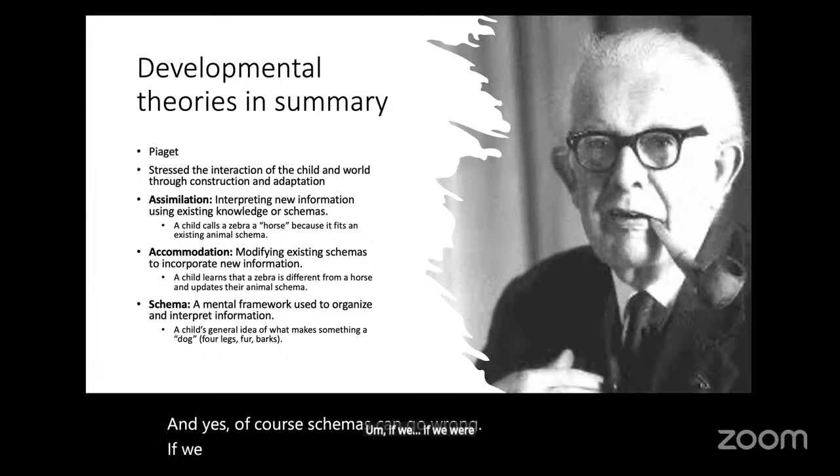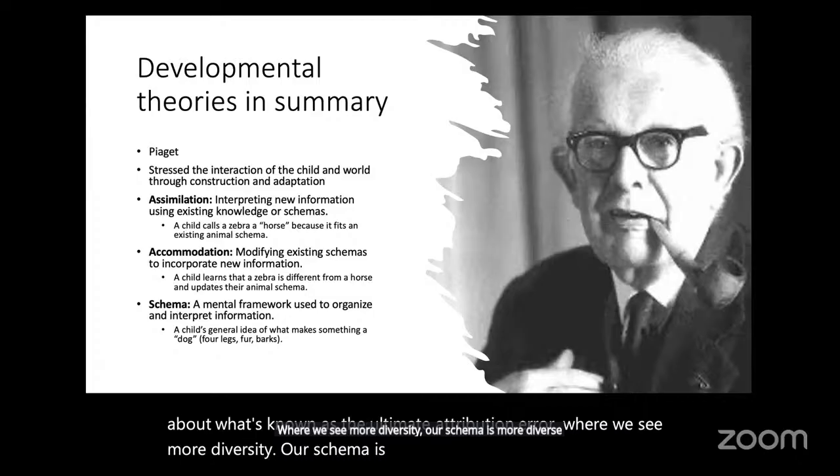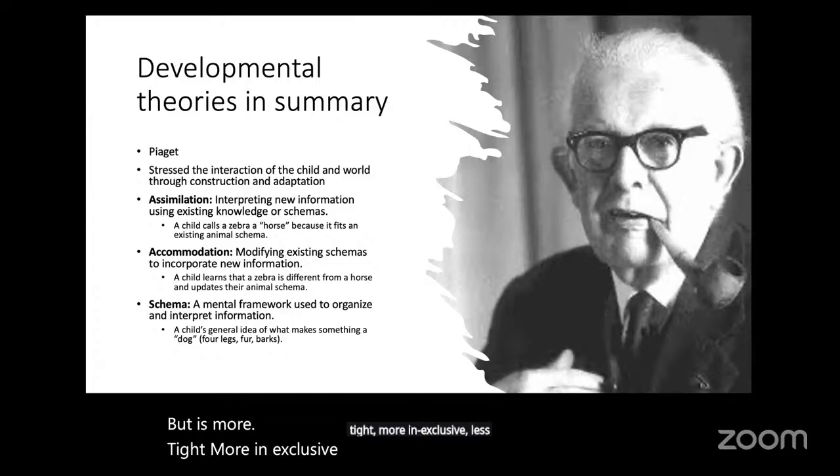If we were talking, for example, in social psychology, we could talk about what's known as the ultimate attribution error, where our schema is more diverse for people like us, but is tighter, more exclusive, with less diversity for people who are not like us.